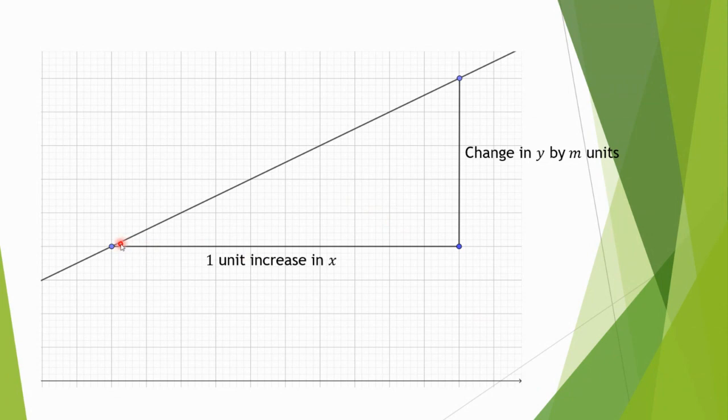The idea is if you increase your x, your input, by 1 unit, whatever a unit is, feet, meters, whatever, your y coordinate, your height, will change by m units. That's why it's called the rate of change. For each unit change in your input, your output changes by the slope.